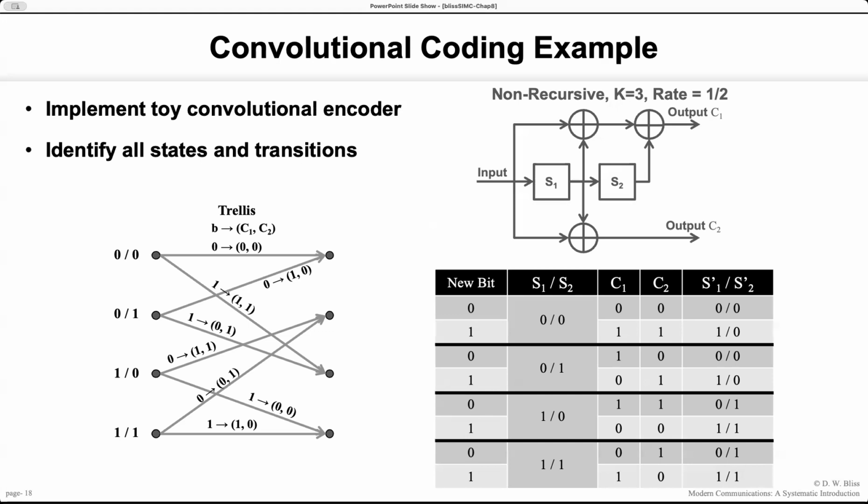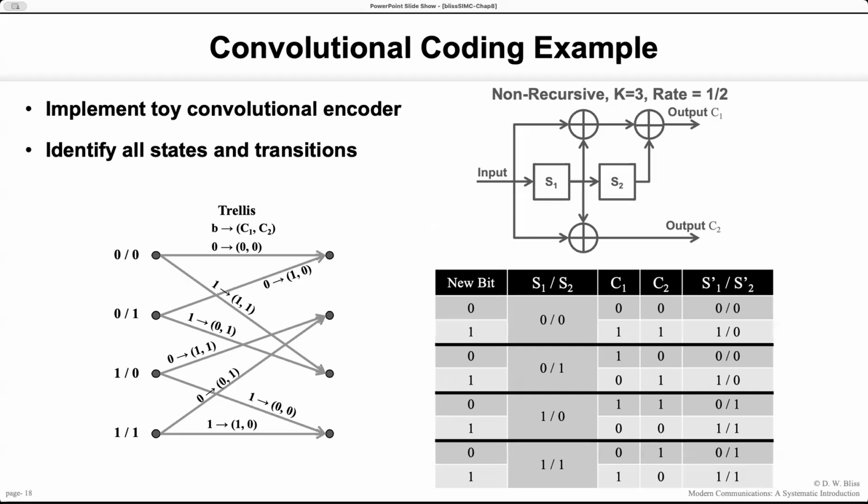So I draw those two arrows. I can go to the next state, the 0, 1 state. I can go from the 0, 1 state to the 0, 0 state or the 1, 0 state. Draw those two transitions. And from the 1, 0 state, I can go to the 0, 1 state or the 1, 1 state. Draw those two transitions on our trellis.